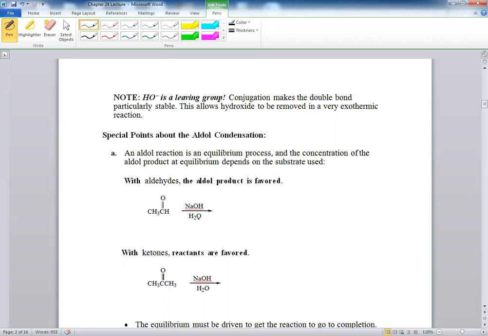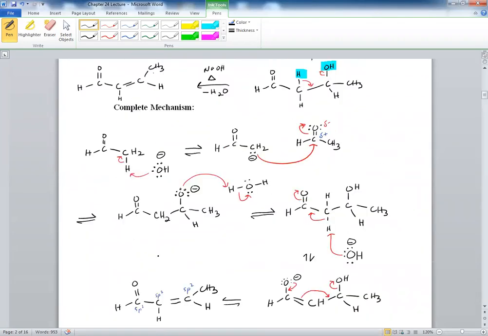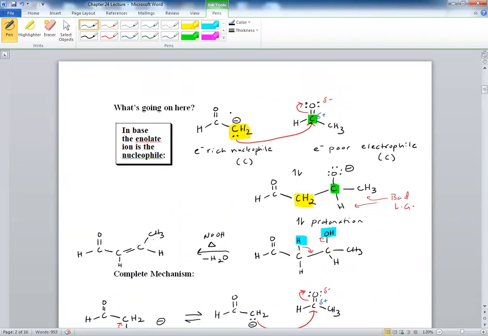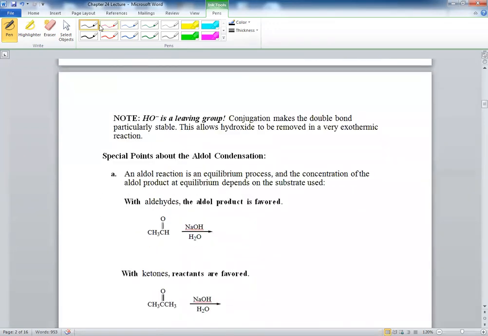So you're going to see that if we have an aldehyde, just like this one, which is basically the last reaction, let's redraw the product here.